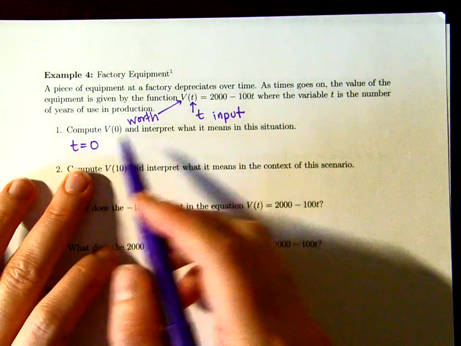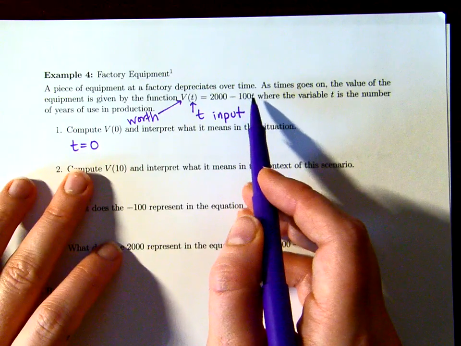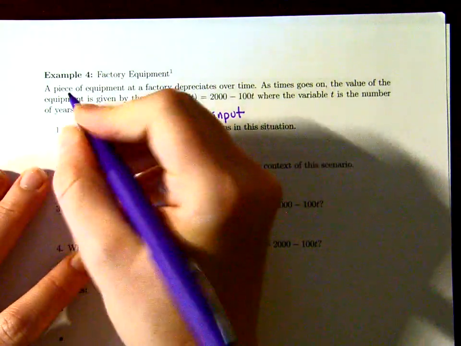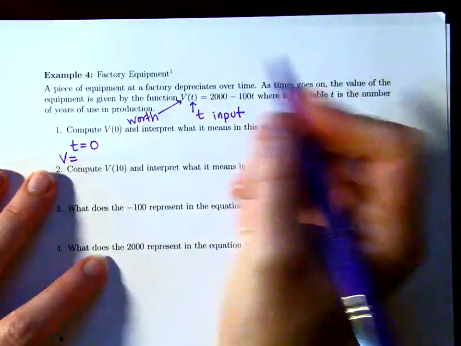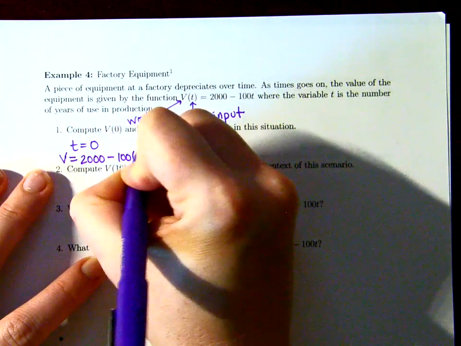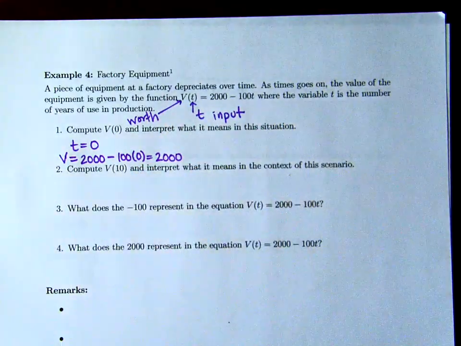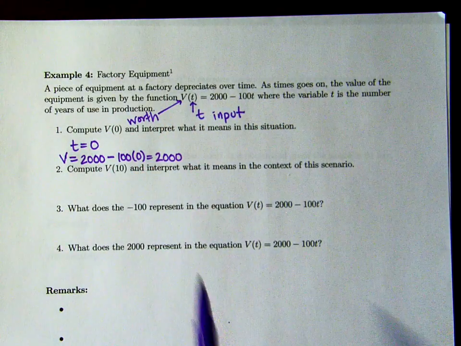So t equals 0, 2 grand minus 100 times 0. So V equals 2000 minus 100 times 0, which is 2000.